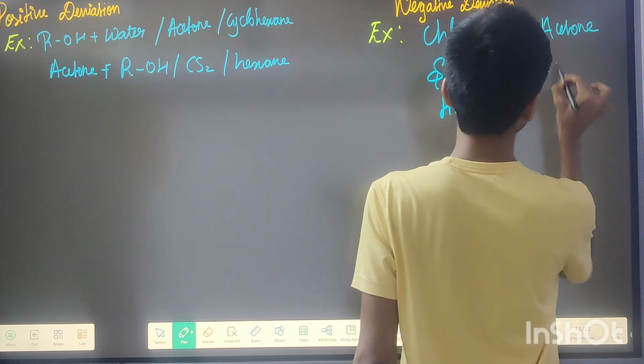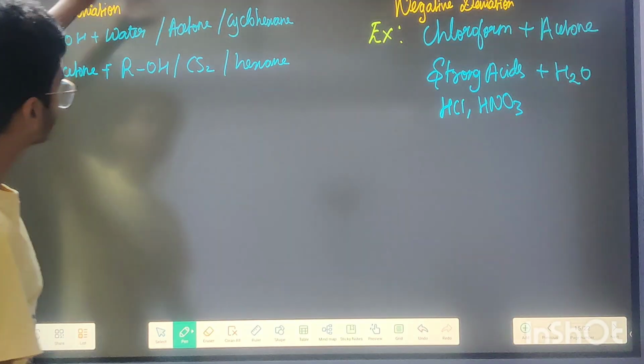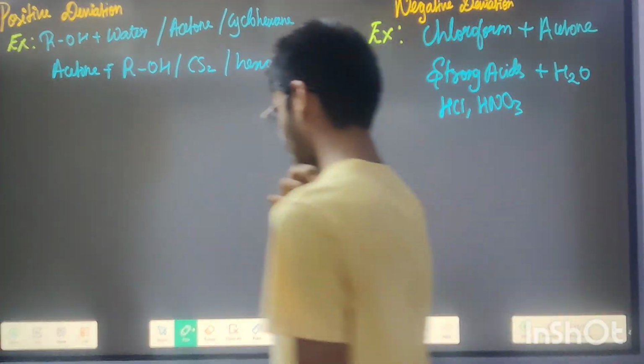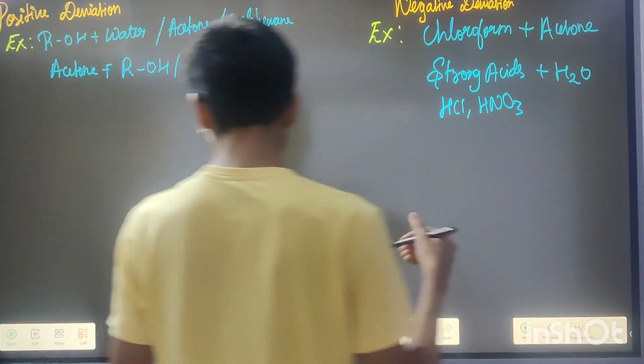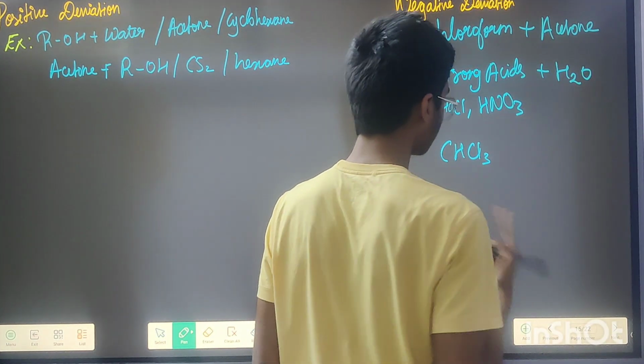When it is added to water, it will show negative deviation. But when alcohol is added to water, it will show positive deviation. Okay, this is one example. Then one more example is trichloromethyl.